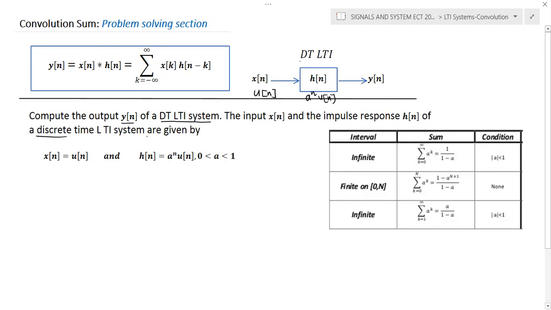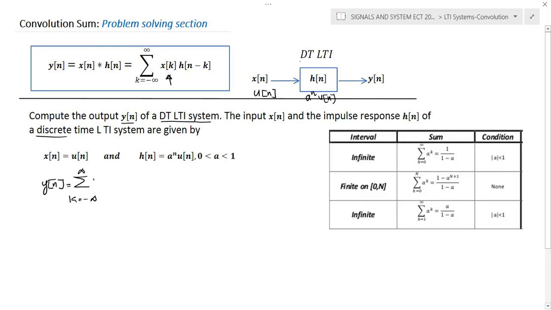In order to calculate the output y of n, we can use the convolution sum equation. By using this equation, we can write y of n is equal to sigma k equal to minus infinity to infinity. Here we require x of k, but in the question it is given x of n, so we can find x of k by simply replacing n with k.